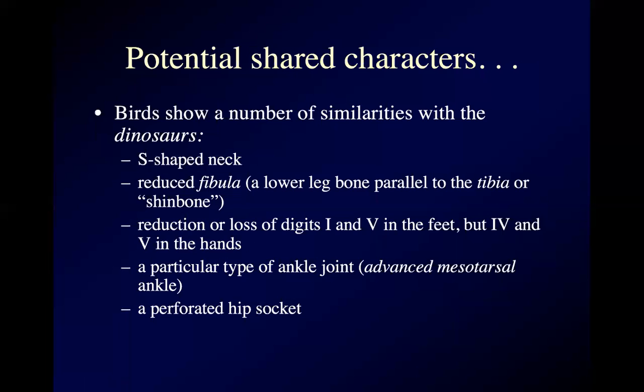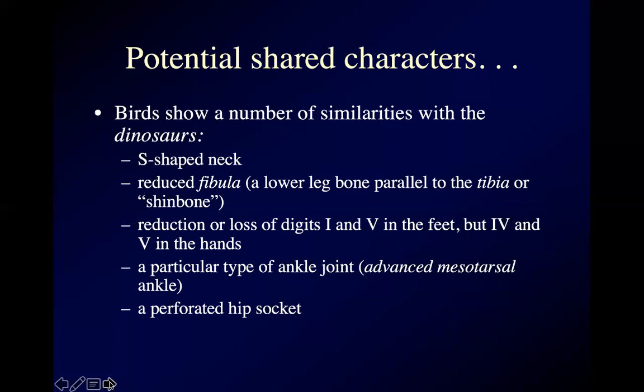There's a particular type of ankle joint that is shared by dinos and birds. If you really want to look it up, it's called an advanced mesotarsal angle. I'm not going to go into that, but that's why the gods gave us Wikipedia. There's also a hip socket with a perforation. The thigh bone ends in this kind of ball-shaped structure, and that fits into a socket on the pelvis.